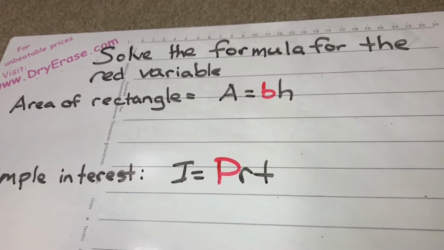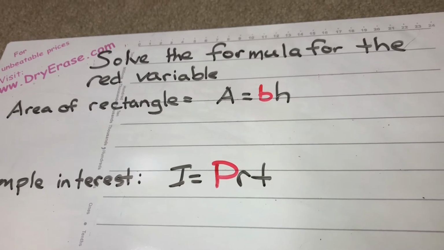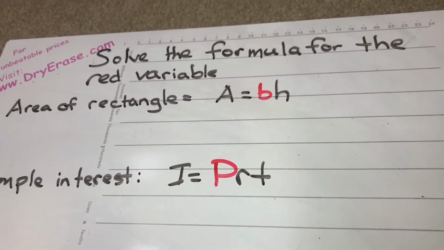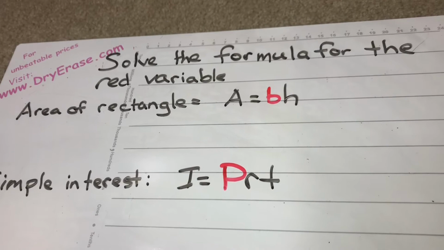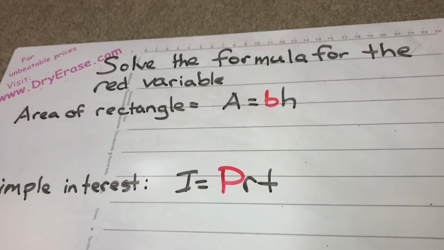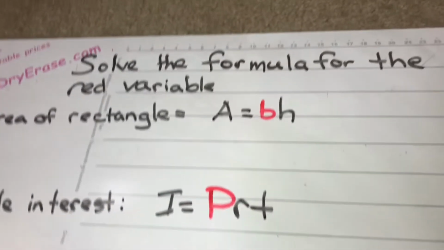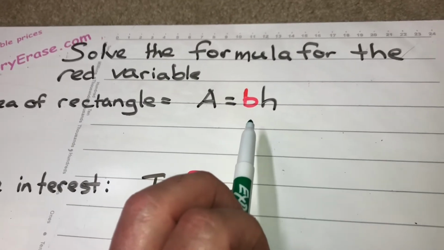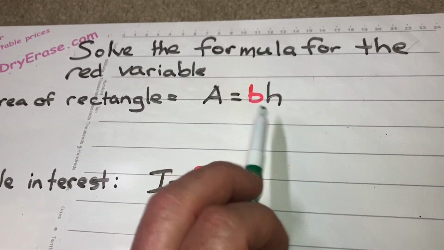We have the red variable, and we need to go ahead and solve for the red variable. All right, so area of a rectangle, A equals BH. So we have B being the red variable, and we need to isolate it.